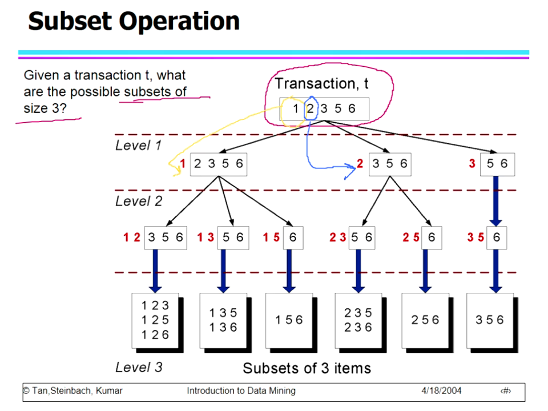From 2, the rest will be 3, 5, 6. After that, from 3, the rest will be 5 and 6. It is clear, the first level.